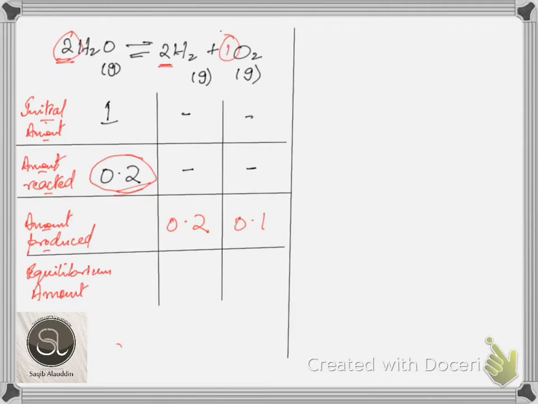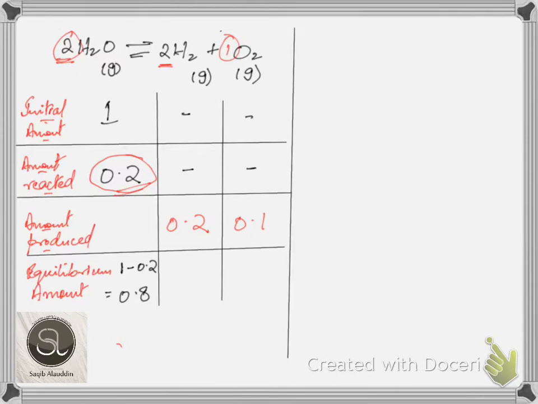So what do we have at equilibrium? Initially we had 1 mole of water, 0.2 reacted. So how many remained at equilibrium? 0.8 moles of water remains at equilibrium, because 20% reacted.